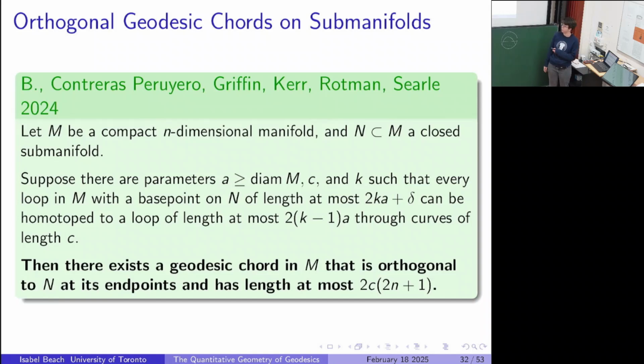So the length depends on the dimension and the length of my shortening homotopy for all my loops.